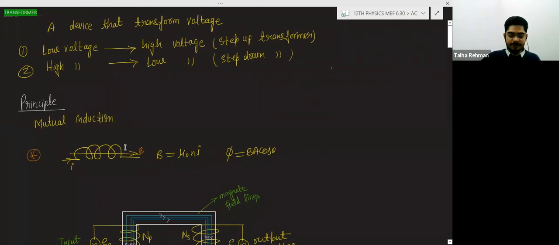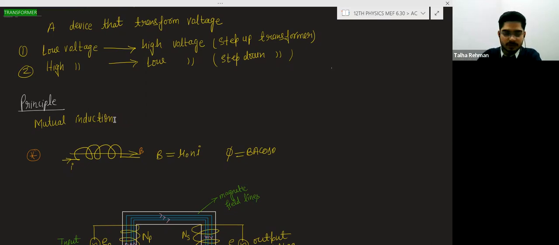Now I will discuss the principle on which the transformer works, and the working and construction of the transformer. It is very simple. Basically, the transformer works on the principle of mutual induction.